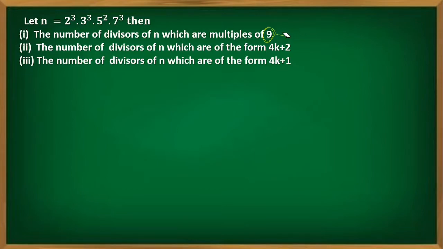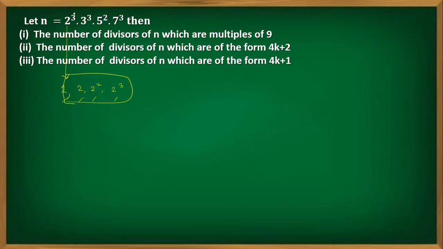Generally, whenever we say number of divisors, what are the choices we take? For 2 cube, the number of choices is like this. We take no 2, which we count as one way, and we take one 2, or 2 square, or 2 cube. This we have seen in the last lesson. So here we have 1, 2, 3, 4 choices.